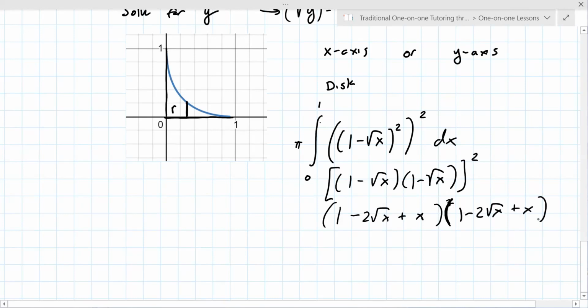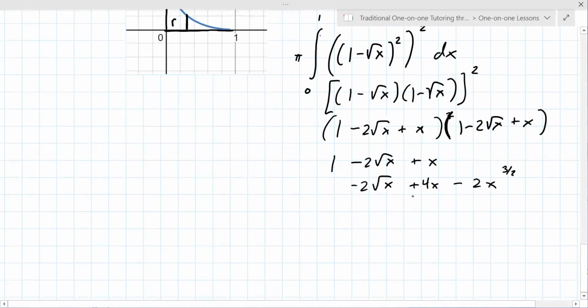It probably looks worse than it actually is, because this is doable. So you get 1 minus 2 square root of x plus x, minus 2 square root of x plus 4x minus 2x to the 3 halves. This one is x to the 1/2 times that, and that's where the 3 halves comes from. And then you get another x minus 2x to the 3 halves plus x squared.